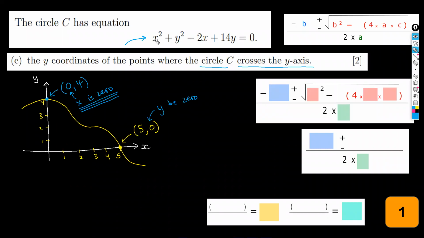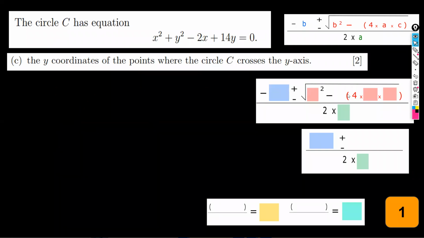So everyone do that for me. And then when we replace all the x's with 0, we're going to attempt to solve the equation. There are two ways we could solve it. I'm going to do it both ways, just because I want an excuse to revise quadratics. So take a few seconds.